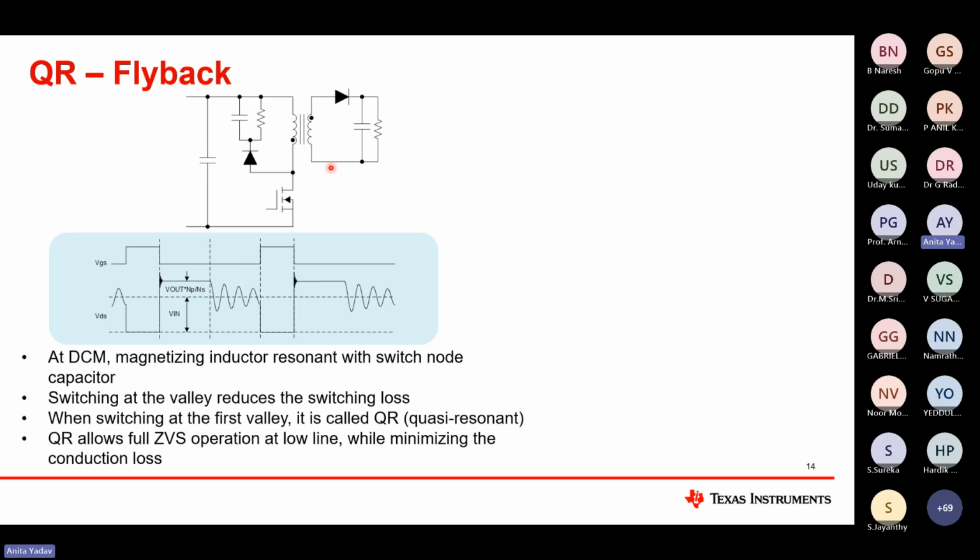Going into the working, the main target is to explain how the switch node waveform looks. Here I'm showing the waveforms operating in valley number 4. Mathematically, half of this valley always sits at V input voltage.